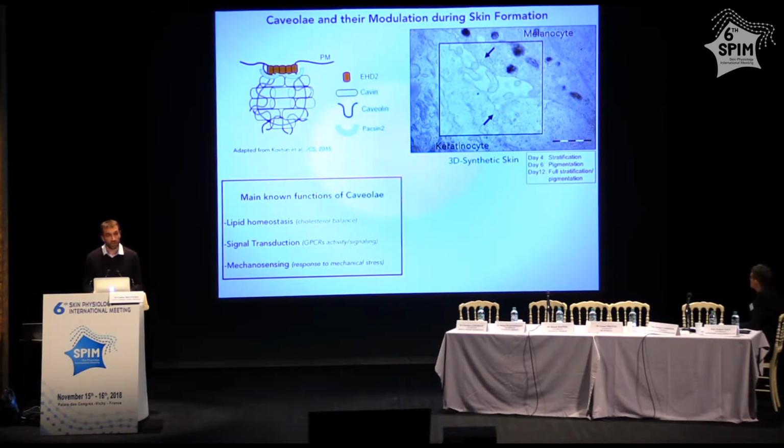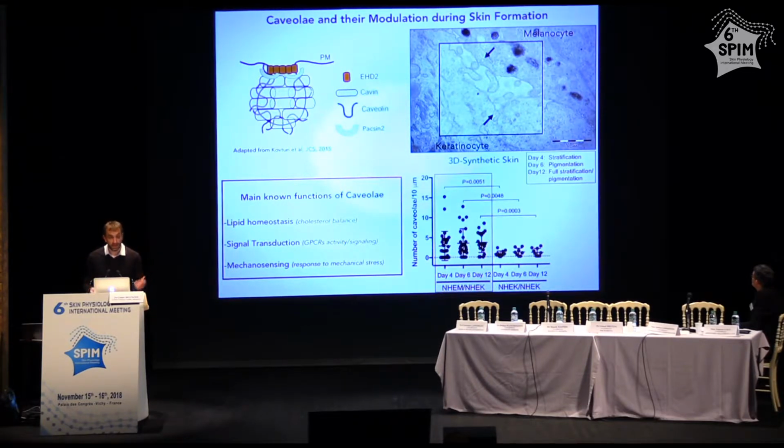So what we did is to monitor the number of caveolae profiles we were observing at the two different interfaces we can see, meaning the melanocyte-keratinocyte one, the heterologous interface, and the homologous interface, that is keratinocytes facing each other. And what we can observe is that the number of caveolae profiles is much more enriched at this heterologous interface as compared to the homologous one.